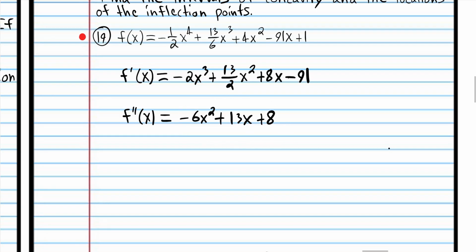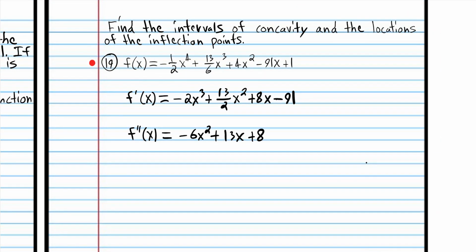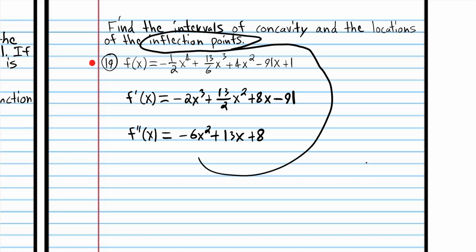If the second derivative is positive, then in that part of the function, the graph is concave upward. And if the second derivative is negative, the graph is concave downward. And if the second derivative changes sign at some x value, then that's the location of an inflection point.